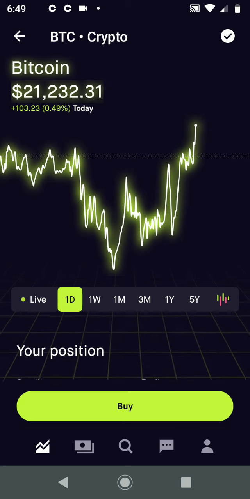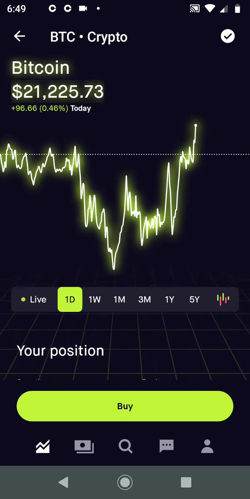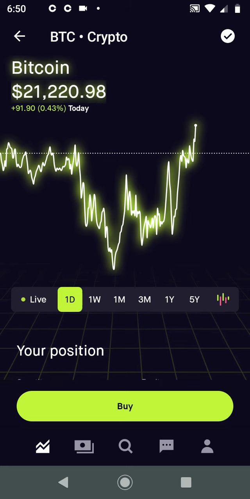So let's just say you're at the support level and it continues to dip. It doesn't go up like you think it will. So what I would do, I would watch it, and if it dips another 0.5% or another percent, I would then put in $100, which is double the initial investment of $50.